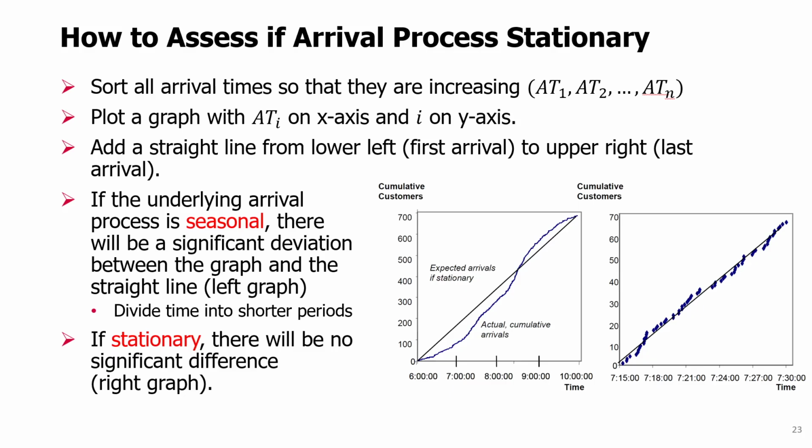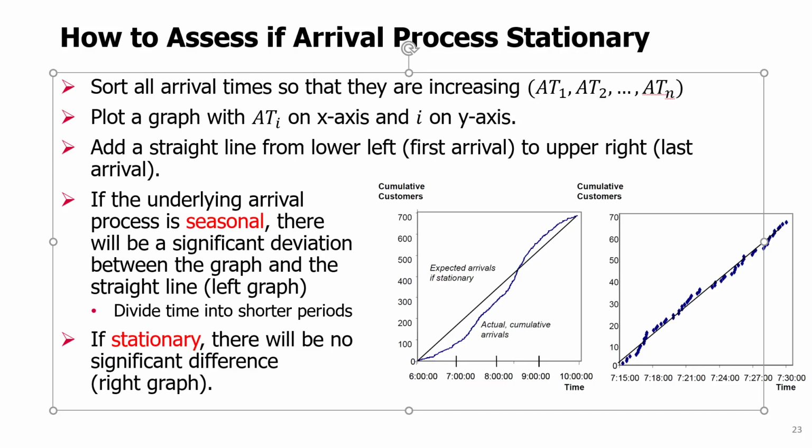First, a stationary process. Suppose our arrival times are called a1, a2, up to some an for n customers. And suppose, of course, they are sorted, increasing. We can plot a graph with ai on the x-axis, so the time of arrival on x, and then the number of the customer on the y-axis, and then we can see if they form a straight line.